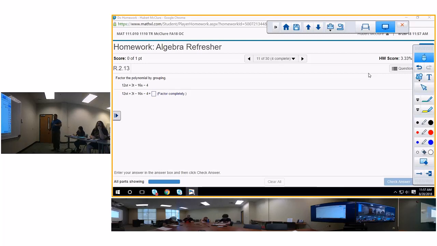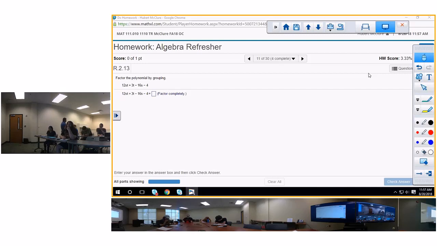And what tells you to do it? Well, there's no squares. Do you see any squares? So you're going to do 2 by 2. Usually when you see a bunch of variables squared, like s squared or st squared, that's when you do 3 by 1. But since there's been a lot of squares, we're going to do a 2 by 2.